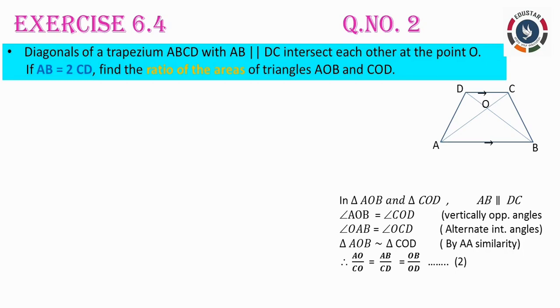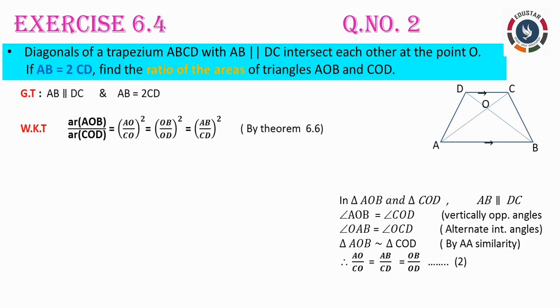And what will we get as a result? Corresponding sides are in the same ratio. What are the corresponding sides? AO by CO, AB by CD and OB by OD. Can you understand up to this? Now you are going to apply theorem 6.6. According to that theorem, we change the ratio, and replace AB by 2CD as given in the question.